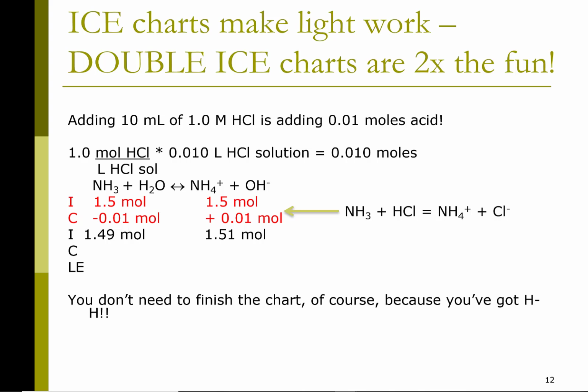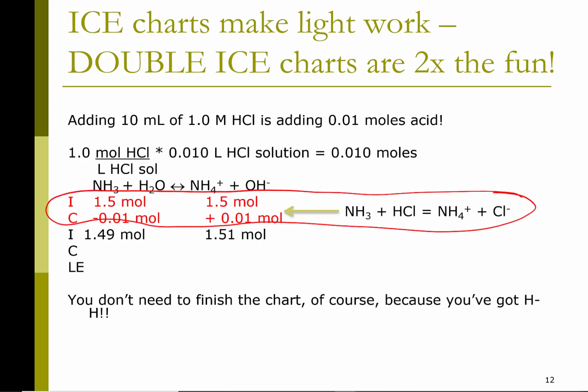I point out, I'm not a big fan necessarily of these, but a lot of internet sources use them. Sometimes instead of doing two separate ice charts like we just did, they stack them into a double ice chart, which one of my prior classes nicknamed an icicle chart. It's a little confusing sometimes because the top half of the icicle chart is really a different reaction than the one at the top of my ice chart.